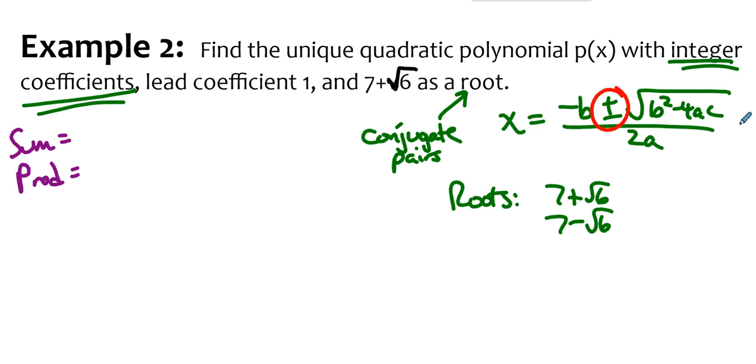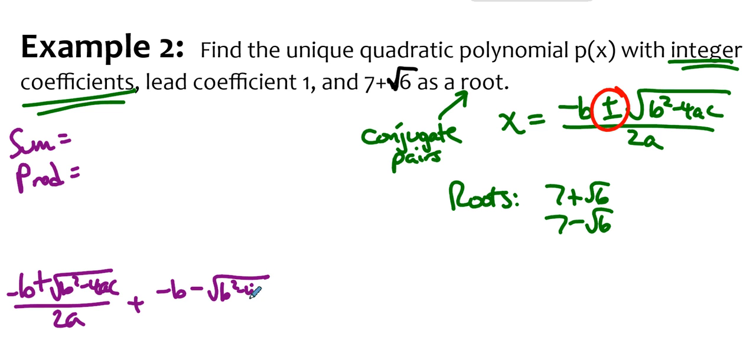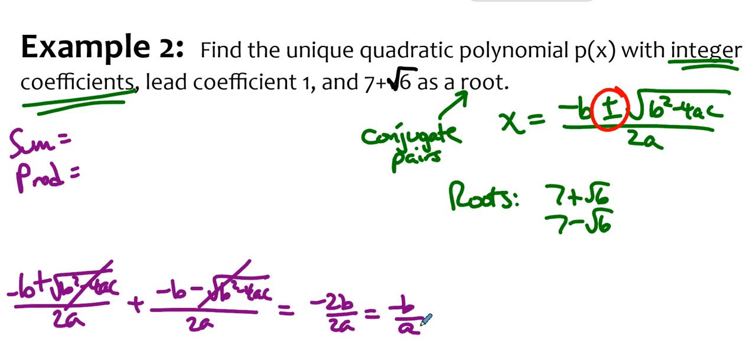So the sum of these roots is negative b plus the big scary radical over 2a, and then negative b minus the big scary radical over 2a. Well, what's that sum? These go away, and you get negative 2b over 2a. That's negative b over a. The sum of the roots of a quadratic equation is negative b over a.